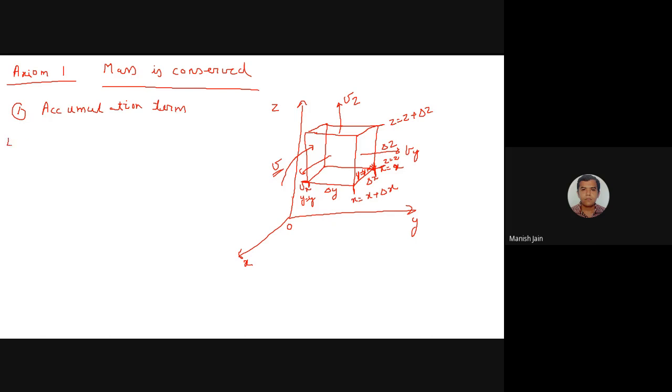So let m and m plus delta m be the mass of the control volume at time t and t plus delta t respectively.